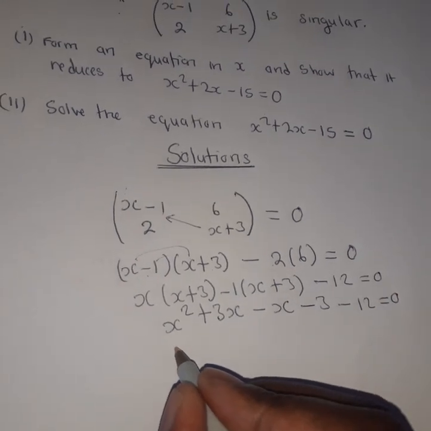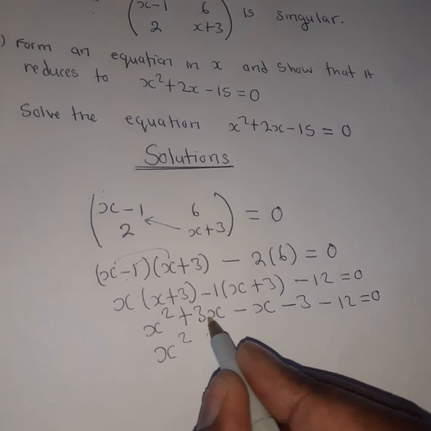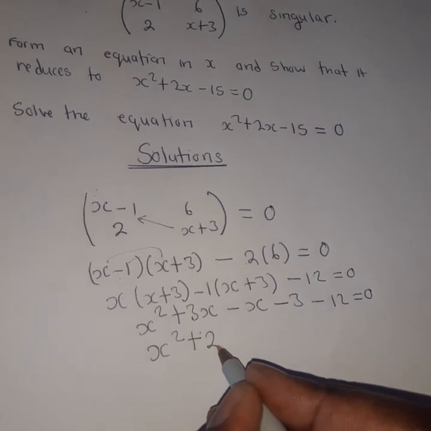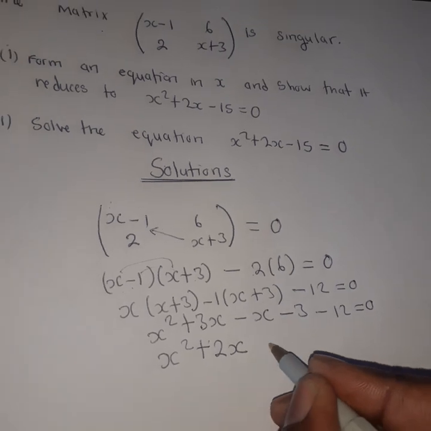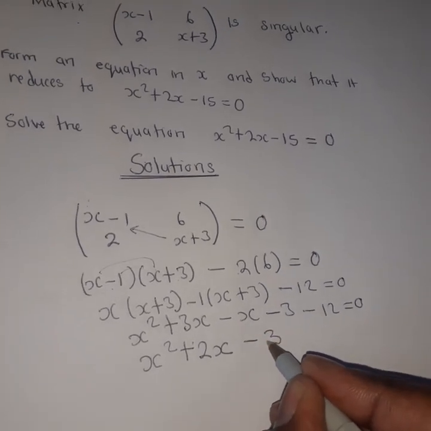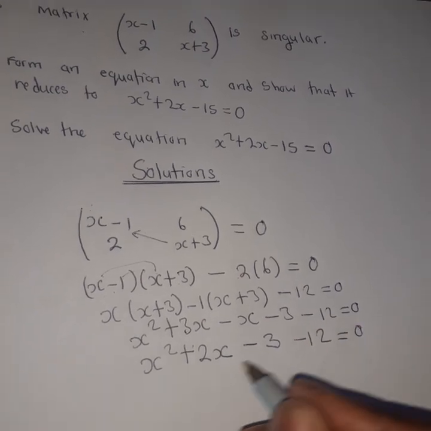Now let's group our like terms. So it's x squared, 3x minus x, we get positive 2x, then minus 3 minus 12 is equal to 0.